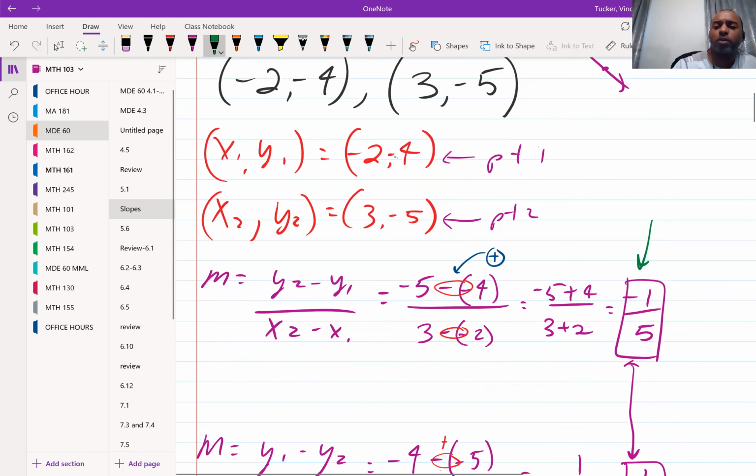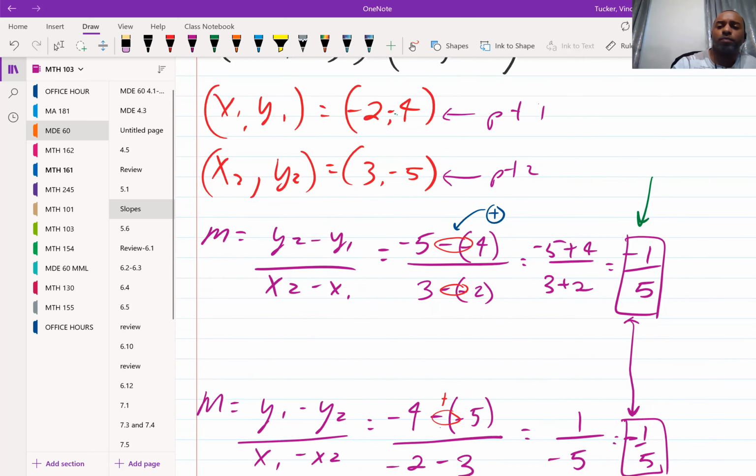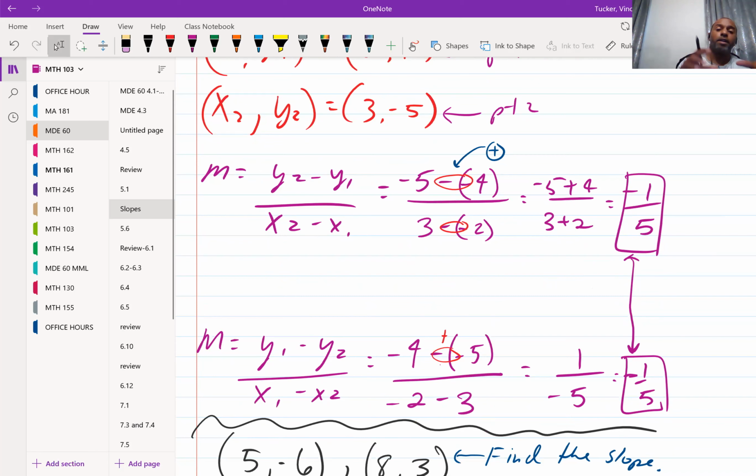Now, remember I told you if you wanted to, you could do it the other way as well. You don't have to; you only have to do it one way. I'm just showing you both ways this time on this one problem to show you that you'll get the same answer if you do everything correctly. The first time we did y2 and x2 first on top and bottom. This time we're going to do y1 first, x1 first, top and bottom, so you're just flipping around your numbers. y1 is -4 minus y2, which is -5.